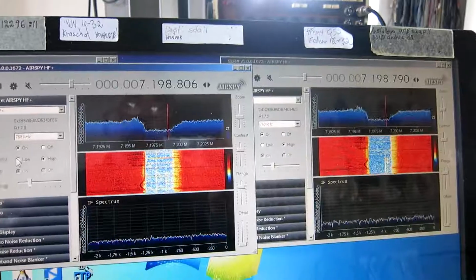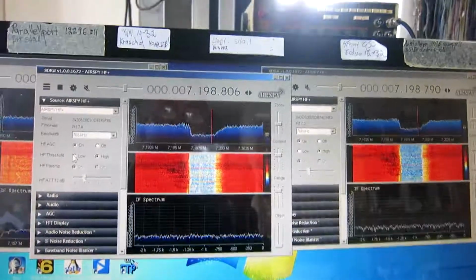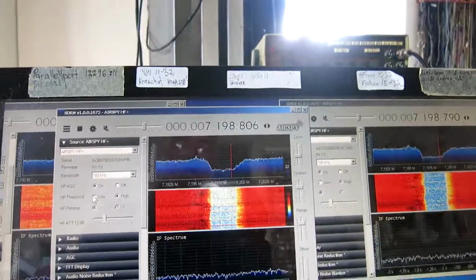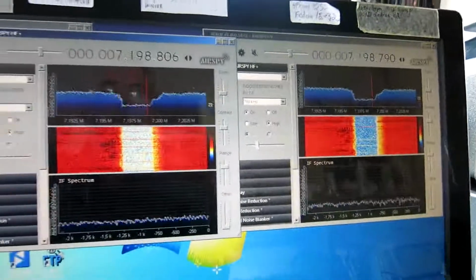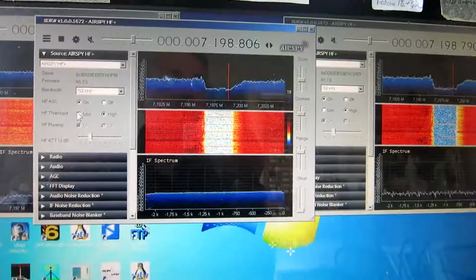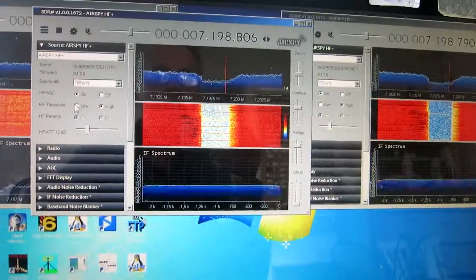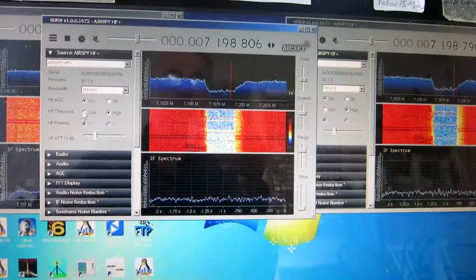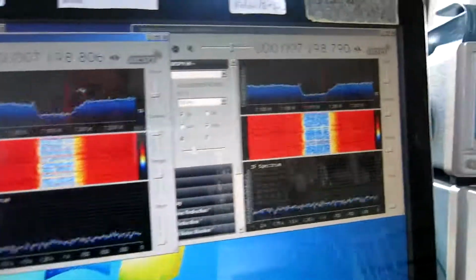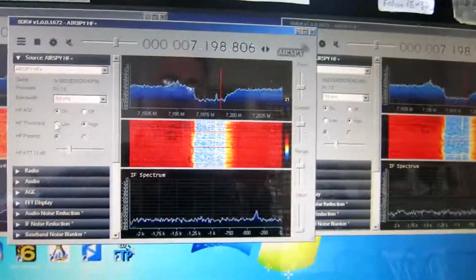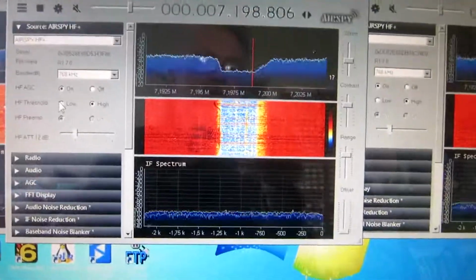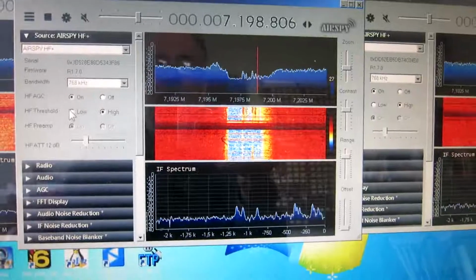So now AGC is certainly active. And we can't see the desired signal anymore because gain is turned down so much. But we have these undesired intermodulation products.